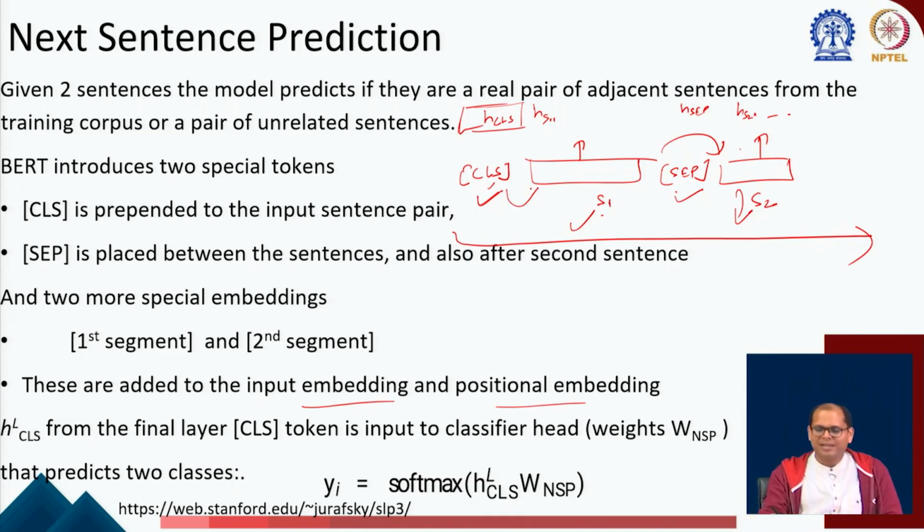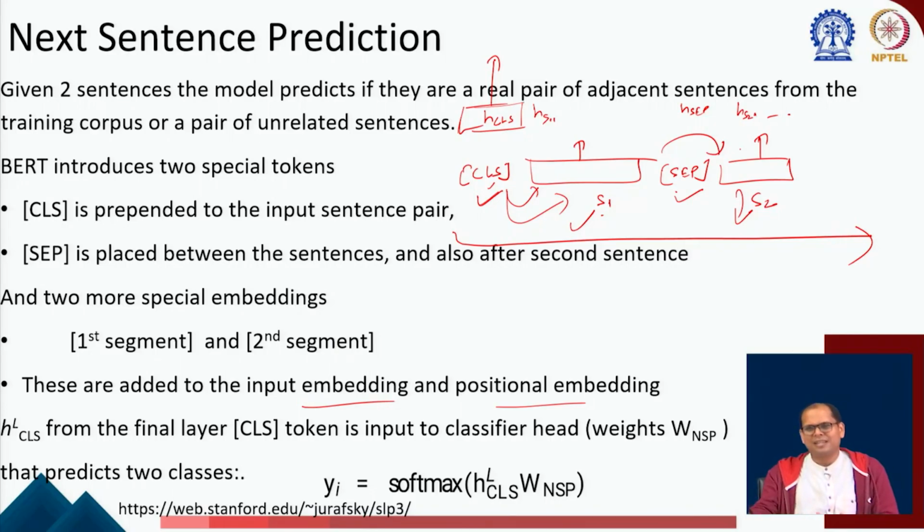So this token will attend to everything in the sequence, and will have information about everything else. Remember when we were doing RNNs, we used the last token, because we are going from left to right, so only at the last token have you seen everything, not at the first token. But here, this first token CLS has seen everything because you are doing bidirectional context. So you can use H CLS as a representation for the entire thing.